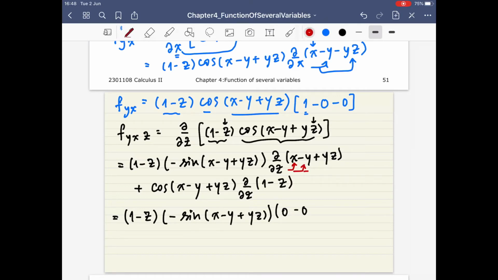And this one, the derivative goes directly to your z, and your y is a constant, so you can pull it out. And derivative of z with respect to z, you got 1. And the second term, this one you just copy it down. And the derivative of a constant 1 is 0, of course. A derivative of z with respect to z, you got a 1.